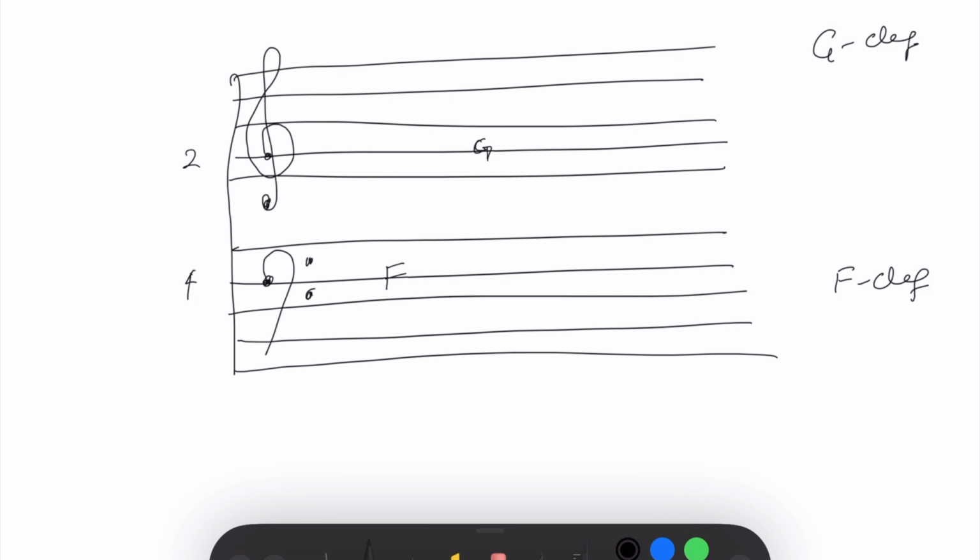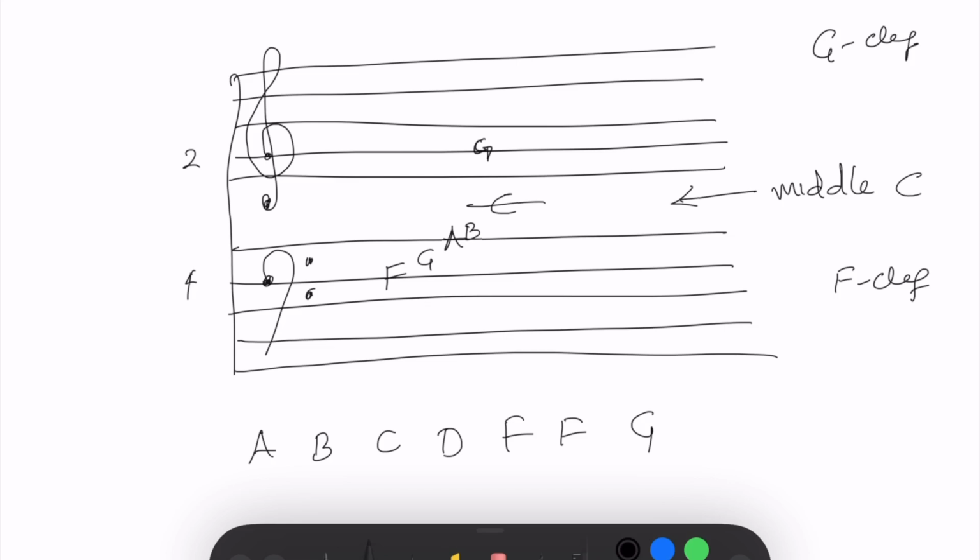So if we write A, B, C, D, E, F, G, after F will be G in the space, and after G will be A on the line, after A will be B in the space, and after B will be C, which you recall is our middle C, the connector between the treble staff and the bass staff, which makes up the grand staff.